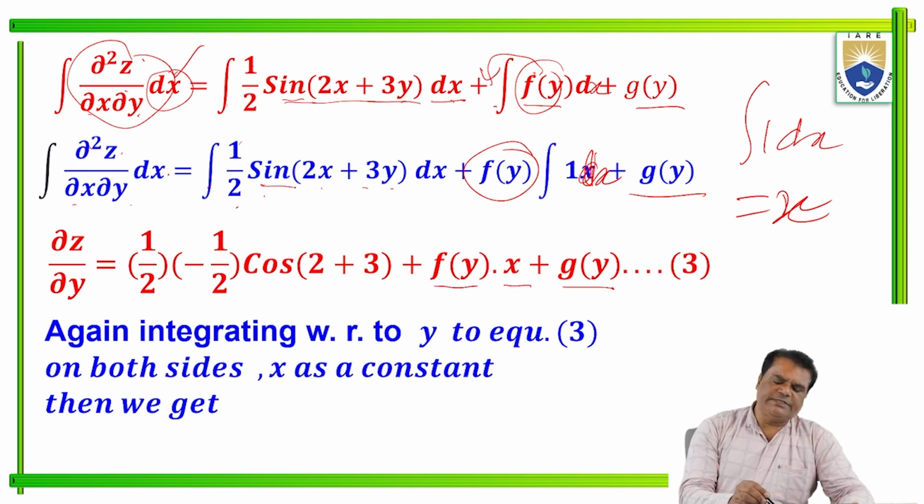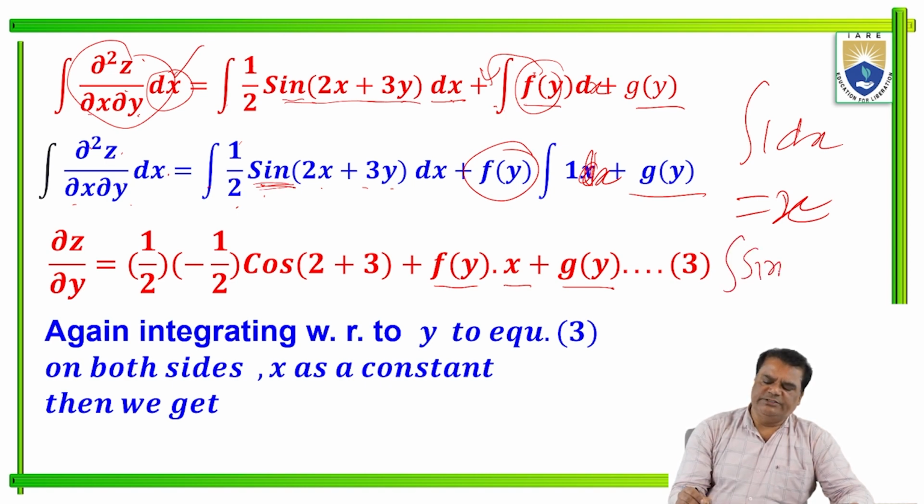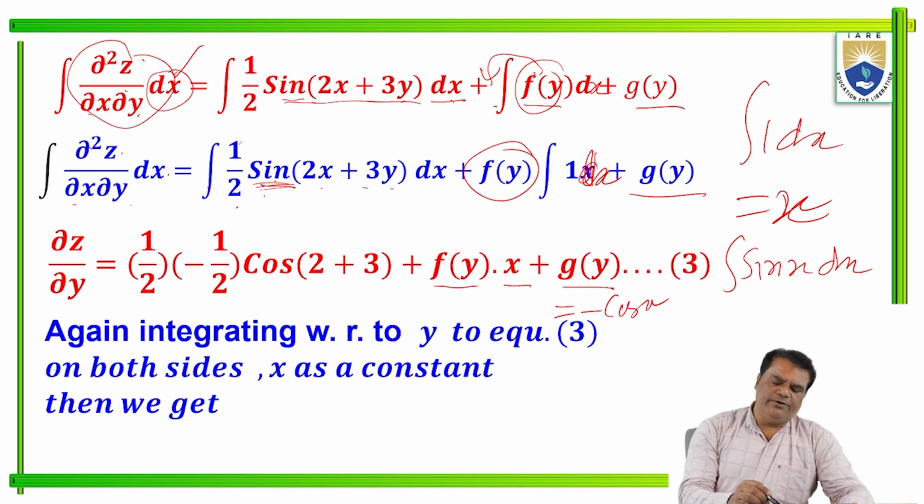And the integration of sine is minus cos. The integration of sin x is minus cos x. So now the integration gives minus cos(2x+3y). And here x is multiplied by 2, so 1/2 here.